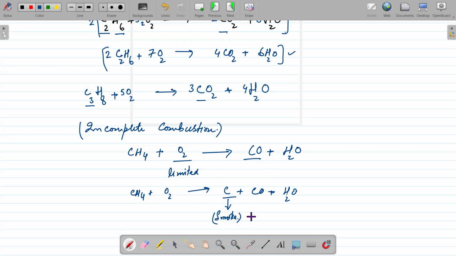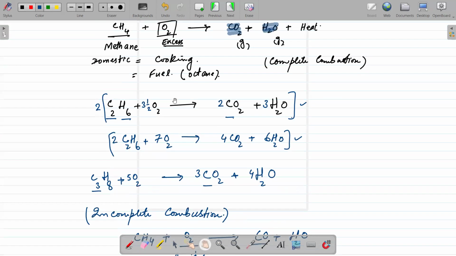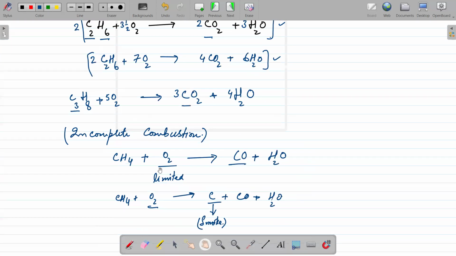So black smoke actually indicates those carbon atoms which are not oxidized because of the limited supply of oxygen. So two types of reactions you have to remember. Complete combustion will give you carbon dioxide and water, and incomplete combustion will give you carbon monoxide and water.